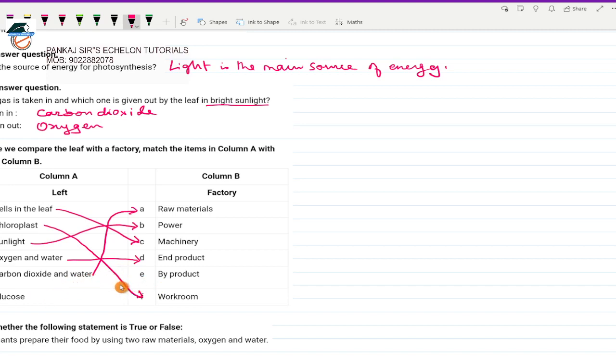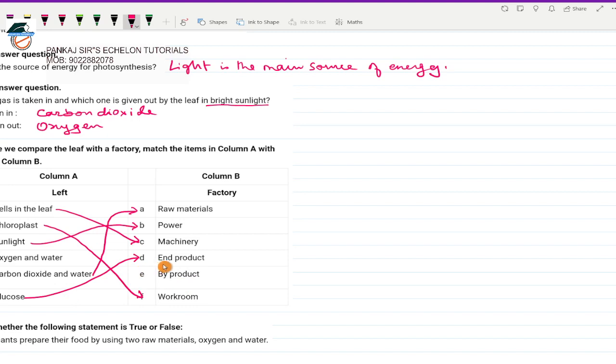Okay, so glucose will be the end product. I'm sorry, let me do that correction. Okay, glucose will be the end product. So let me take this glucose to D. Glucose is the end product. End product is something which is needed by the plant, okay, or by the factory.